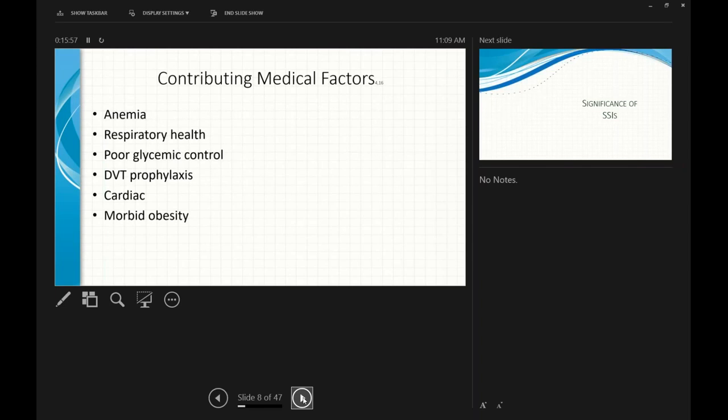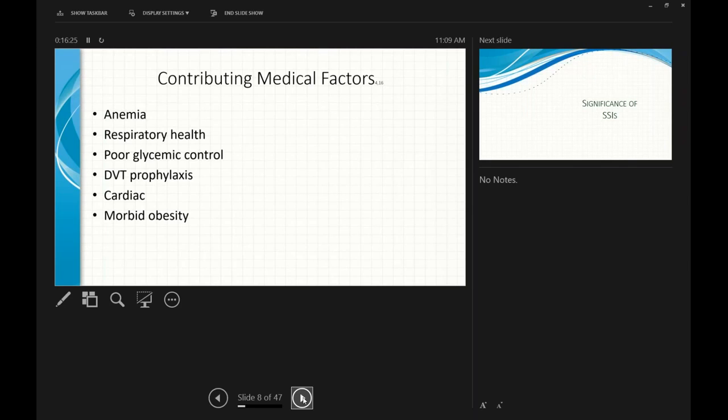Then there are those contributing medical factors. A patient who's anemic, their respiratory health, poor glycemic control. Now, if a patient comes to your door as an emergency patient, and I know in the Seattle area, sugar was not checked when a patient came in for same-day surgery, a quick in and out surgery.